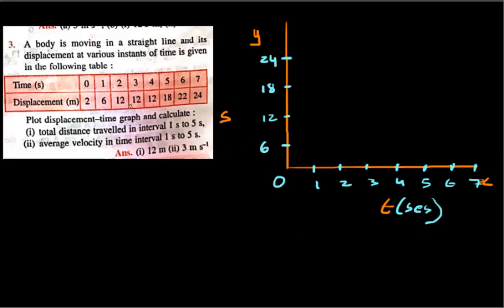So let's try to plot the graph. At 0 seconds, the displacement is 2 meters. So at time 0 seconds, let's say displacement is over here. So this is our point 1. After 1 second, my displacement becomes 6 meters. So this is our second point.